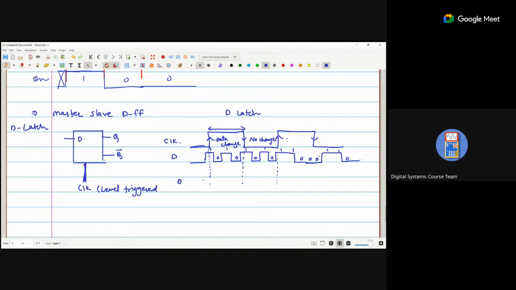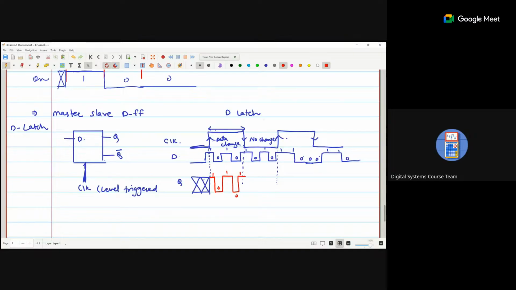So that means if this is the Q, and this is the negative level, we don't consider what D is. Any particular value we had stays till then. Now when the clock is at the positive level, any change in D will be reflected. So it is 1, 0, 1, 0, 1.